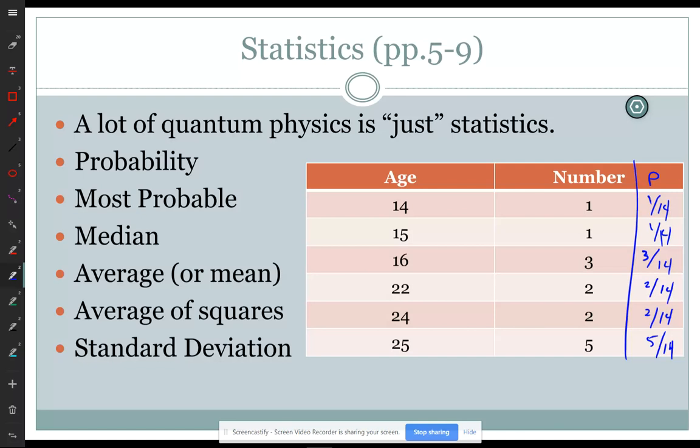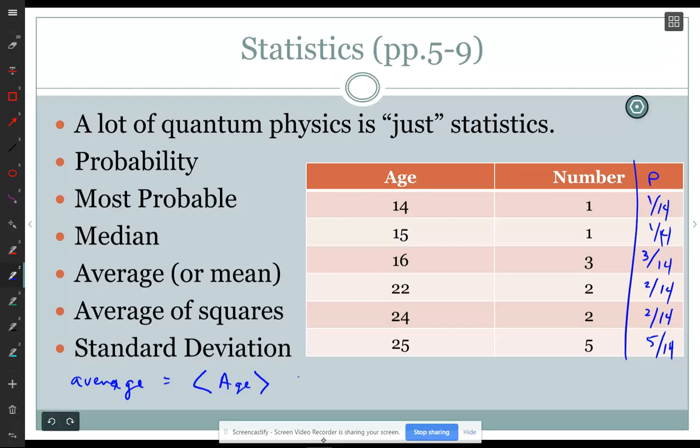You multiply the probability times the age. We indicate the average or expectation value by putting it inside of the greater than, less than sign.